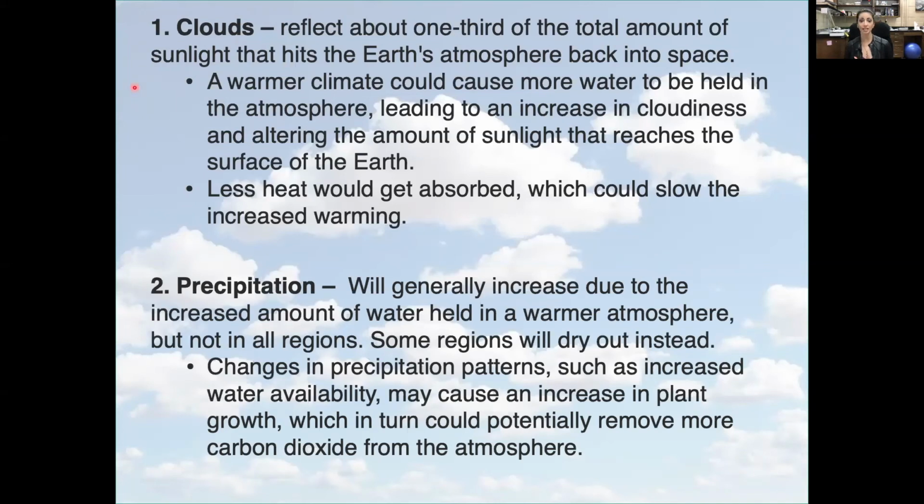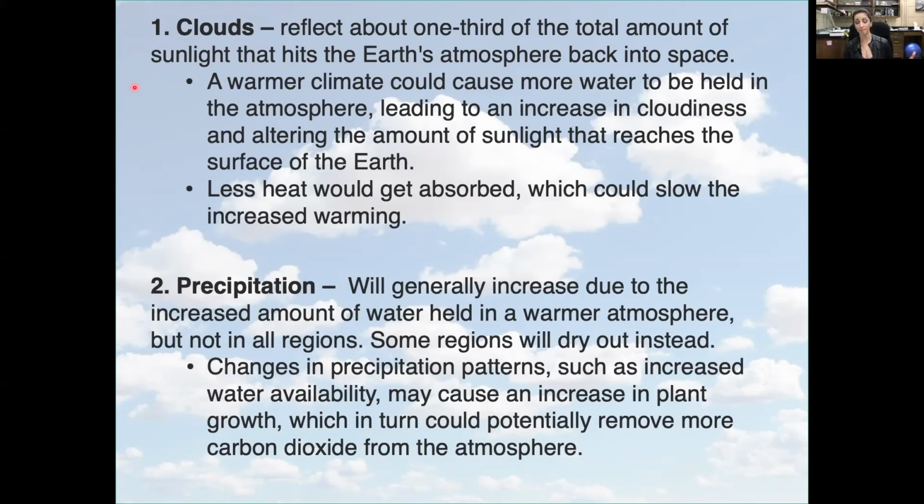Coupled with clouds is precipitation. Precipitation will generally increase with a warming climate due to the amount of water that's held in a warmer atmosphere. So warmer atmosphere, more clouds. But what's fascinating is that this feedback would not be the same in every geographic region on our planet.